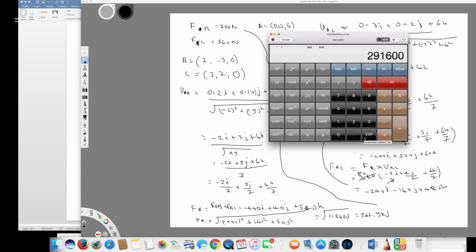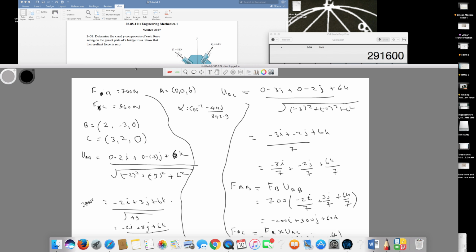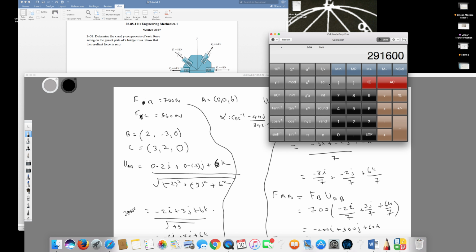So 291600, if I square root this one, let's see what happens. The square root of 291,600 is 540.